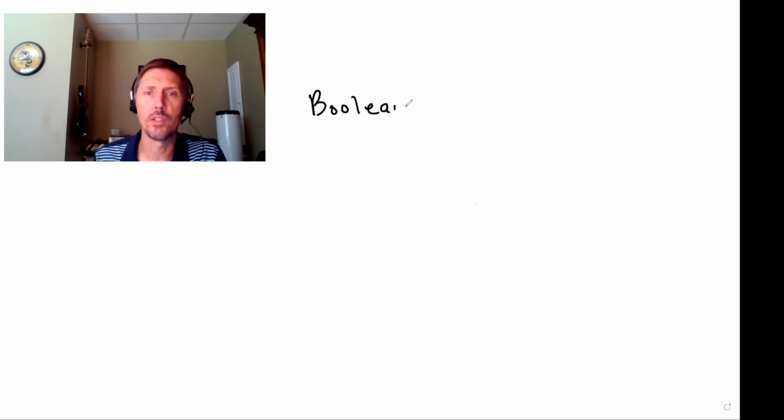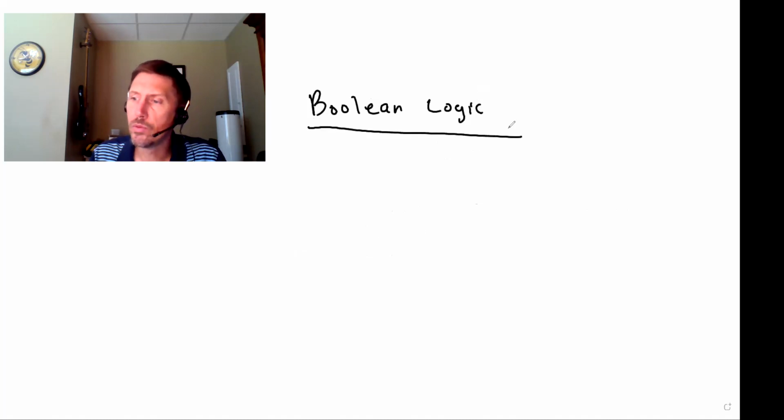Boolean logic is a branch of algebra that has to do with doing mathematical operations when you've only got 2 values, when you've just got zeros and ones, like computers think. So if we have a 0 and a 1, or a true and a false, there are some mathematical operations that we can do on those as we use Boolean logic.